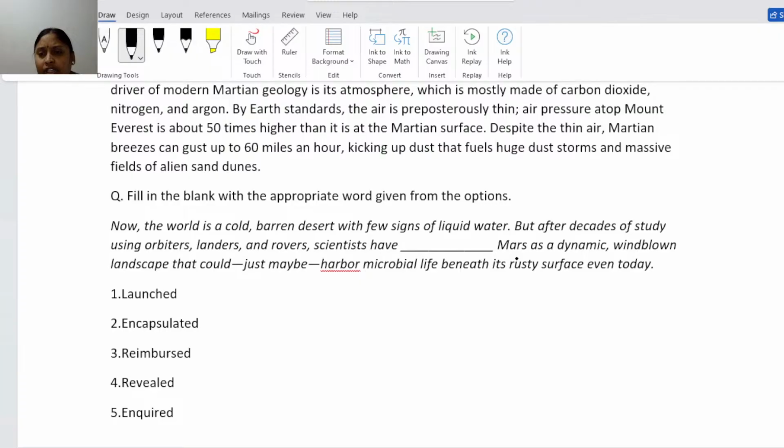But after decades of study using orbiters, landers and rovers, scientists have revealed Mars as a dynamic, wind-blown landscape that could just maybe harbor microbial life beneath its crusty surface even today.